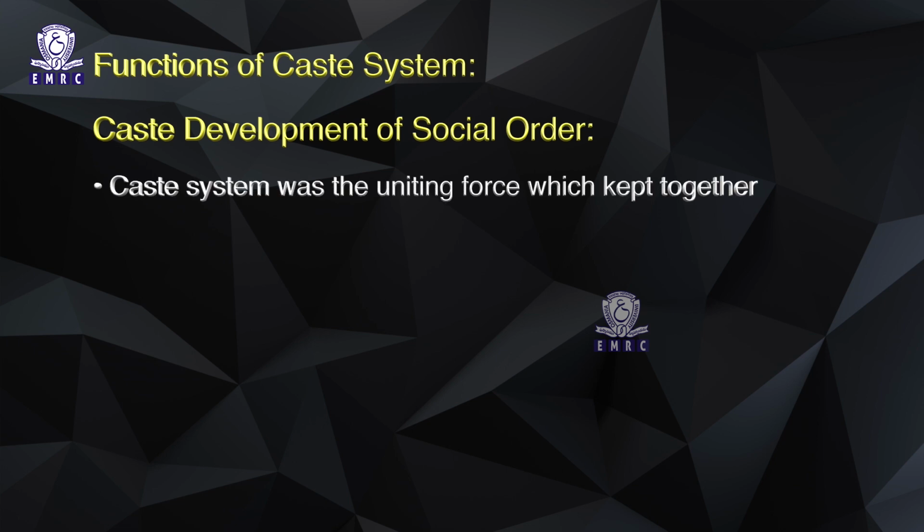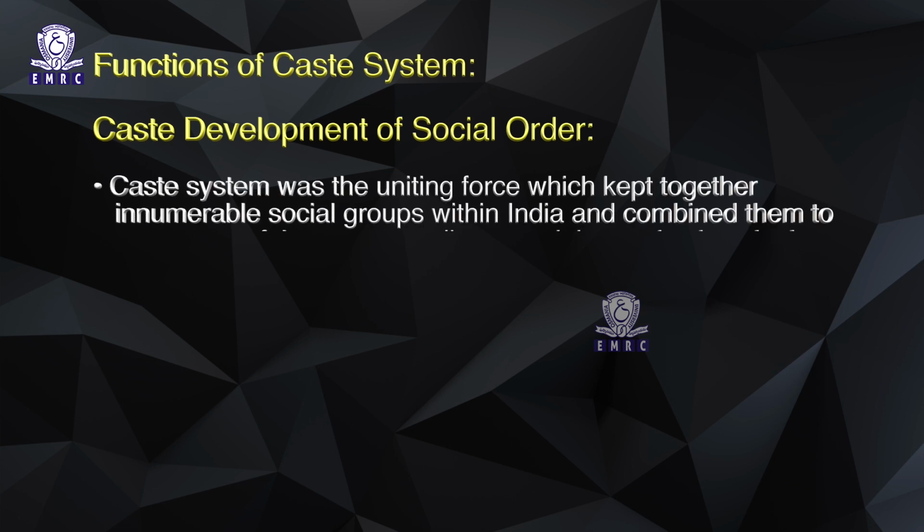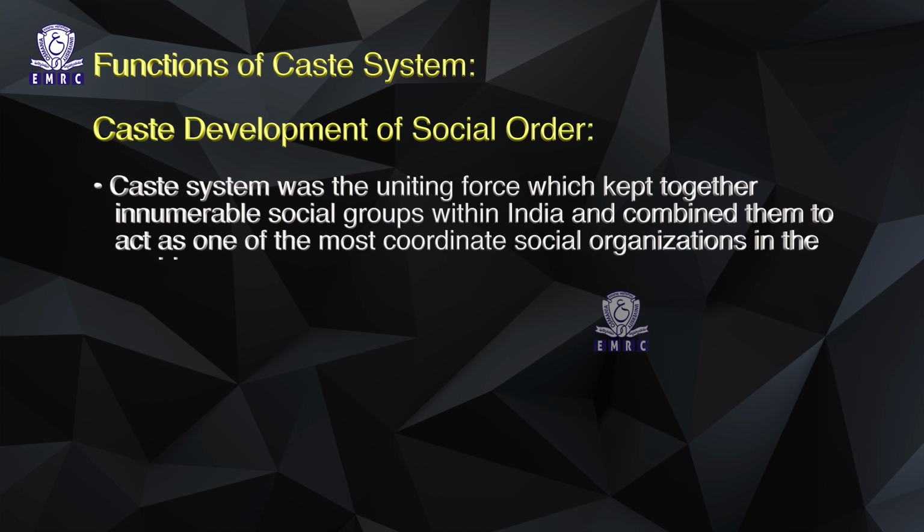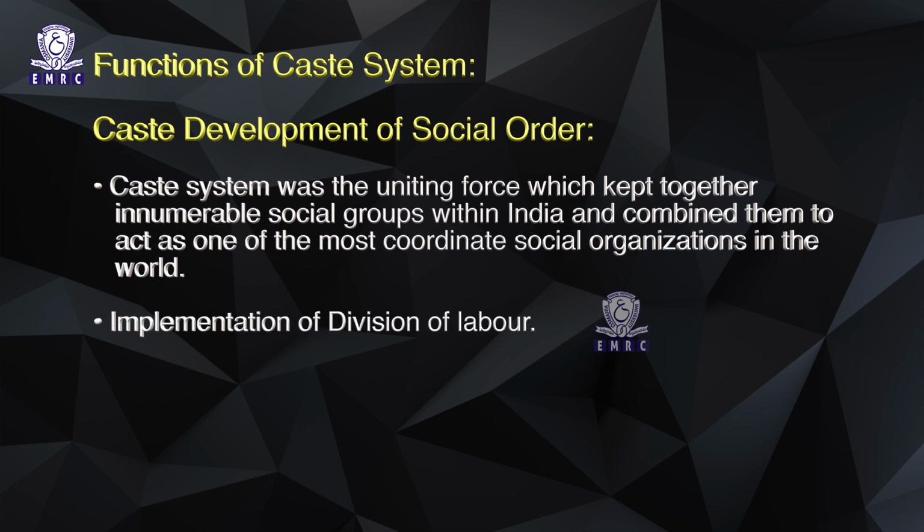Caste system was the uniting force which kept together innumerable social groups within India and combined them to act as one of the most coordinated social organizations in the world. Implementation of division of labor was also facilitated. It was also a means of political stabilization.